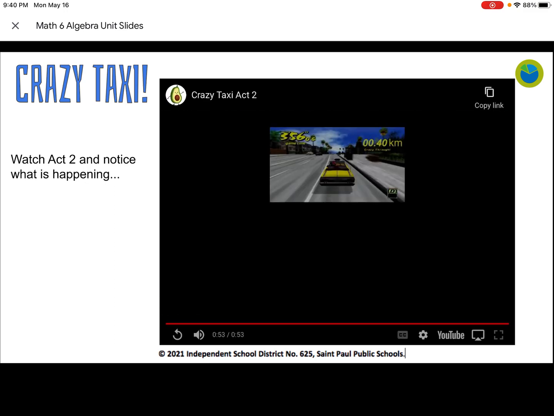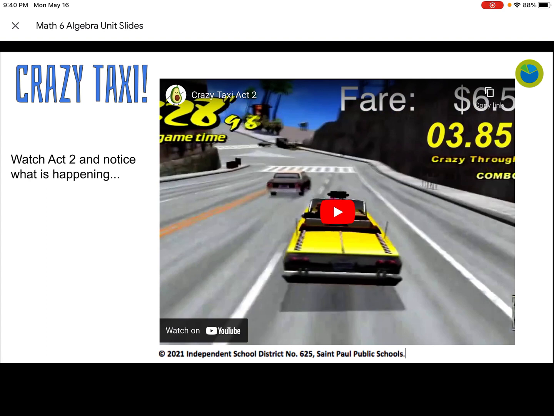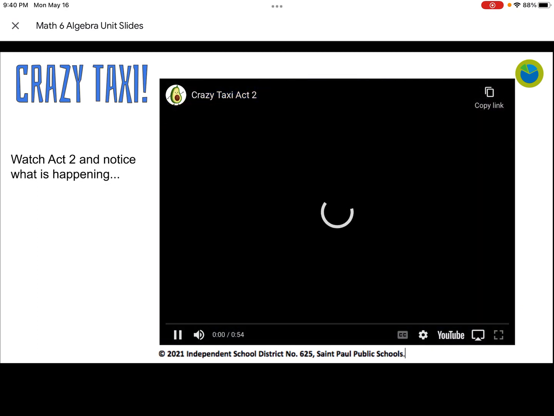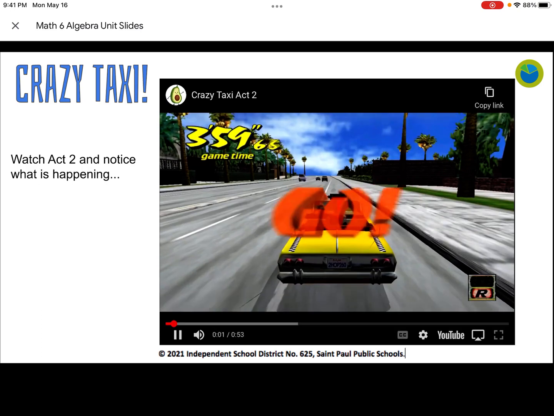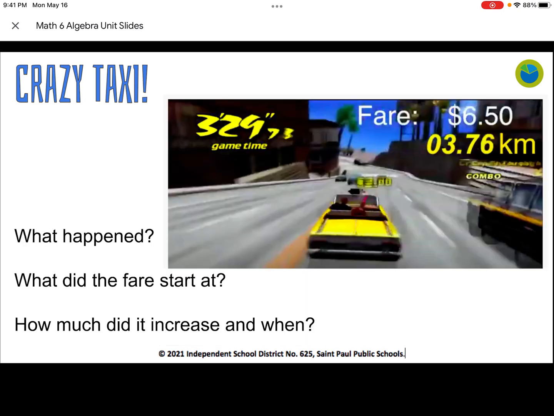All right, so what did you notice? Every time he went a kilometer, his fare went up by how much? All right, so the next thing that we need to wonder is, the fare started at, where did it start at? How much did it increase by, and when?